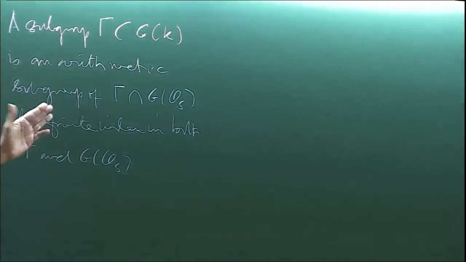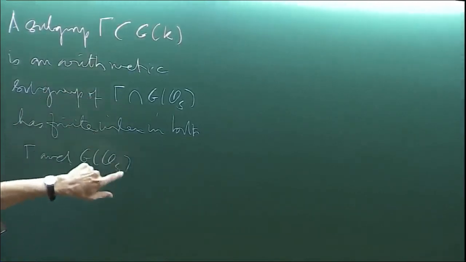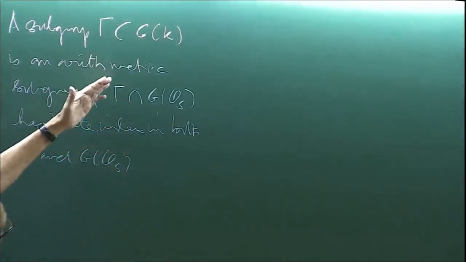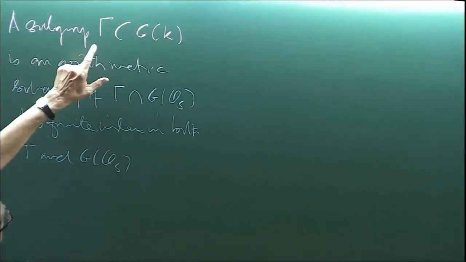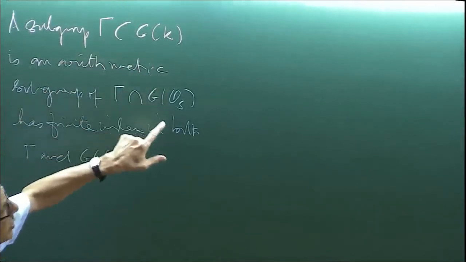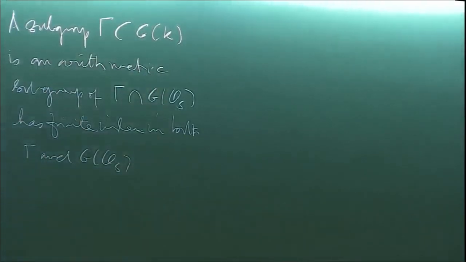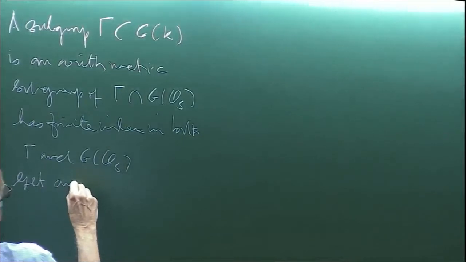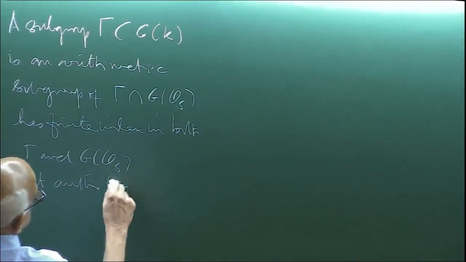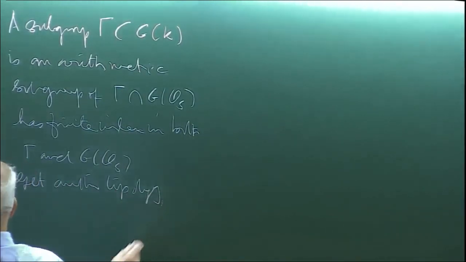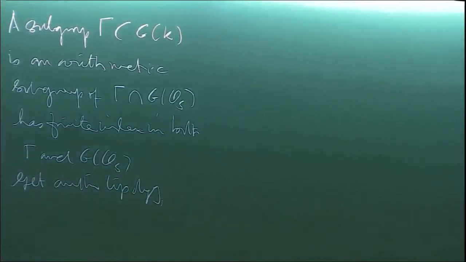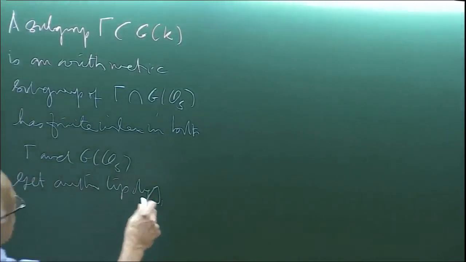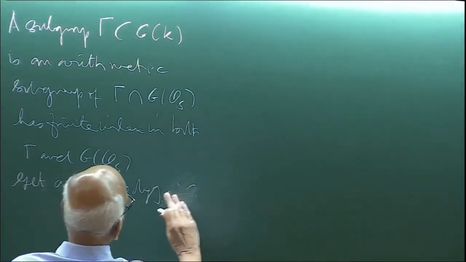This is also said in a different way: you would say that gamma is commensurable with G_OS. So we get another topology on G_K, making it a topological group.